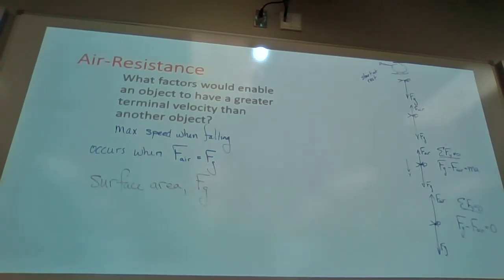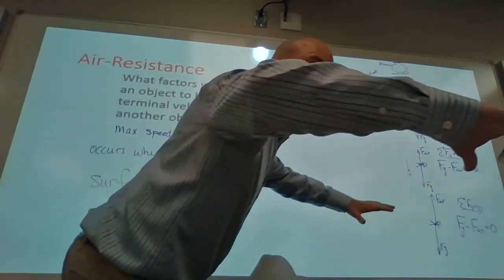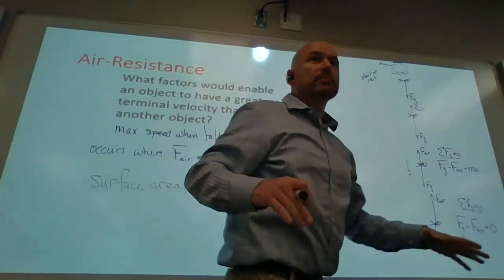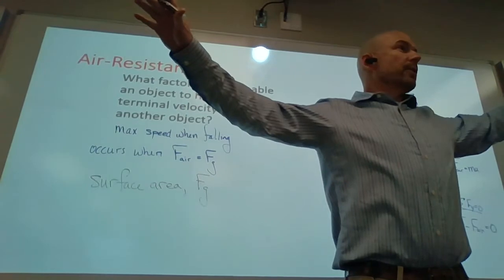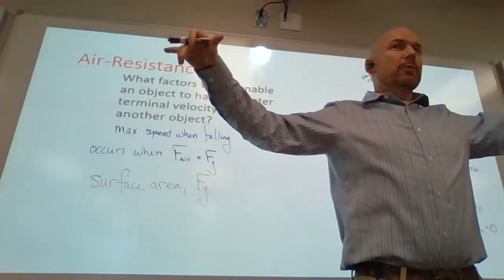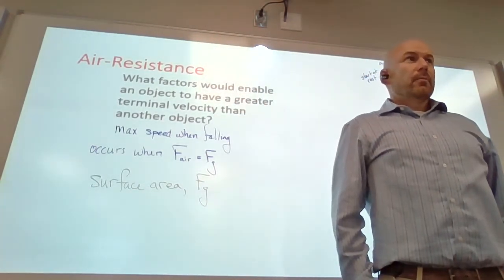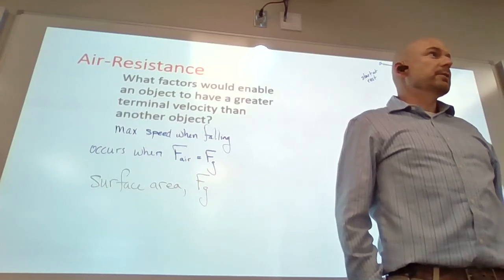Surface area: humans can change their terminal velocity by the position they put themselves in. Like if you think about videos you've seen of skydivers, they can orient themselves doing a spread X, increasing the surface area and causing their terminal velocity to be less, versus if you pencil it, you can fall a lot faster.